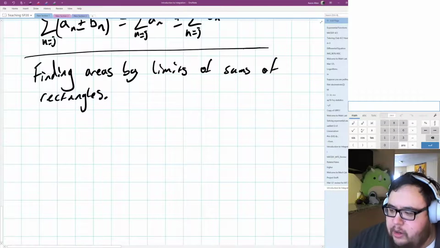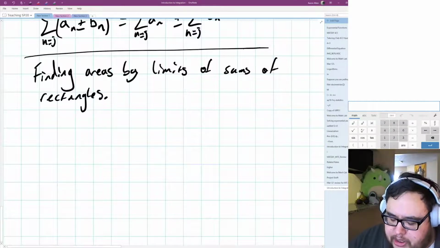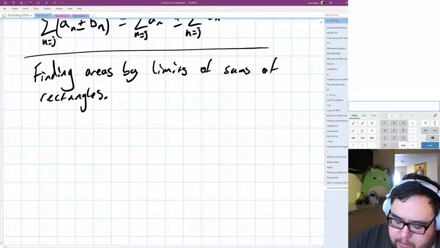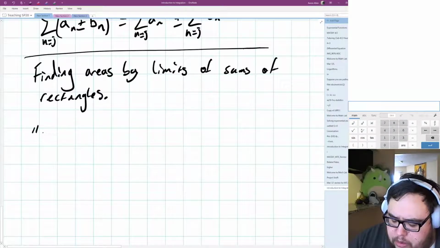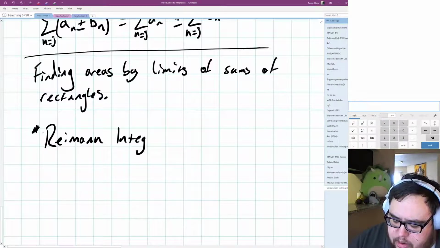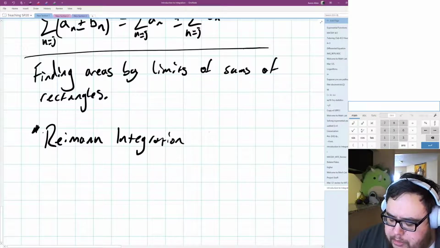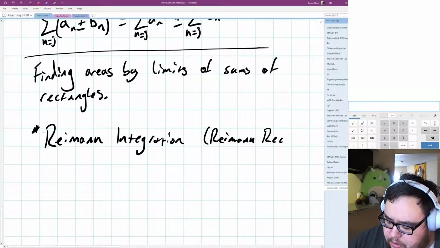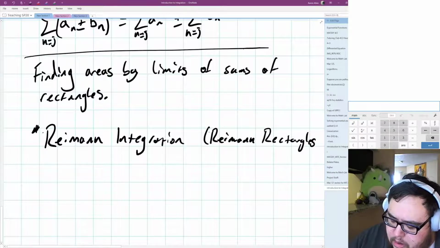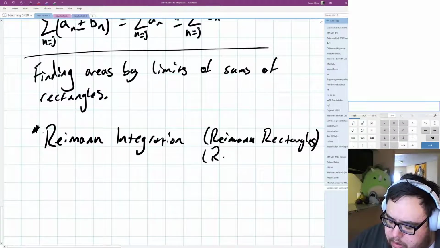We probably need a better name for that, and there is a better name for this idea. It's called Riemann integration, or sometimes a Riemann sum, or Riemann rectangles.